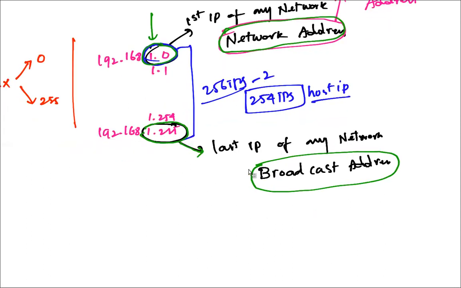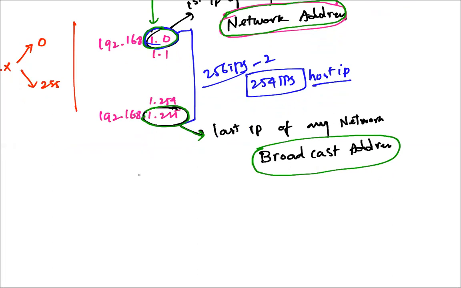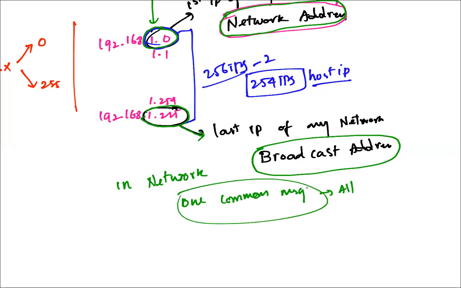In a network environment, we sometimes need to broadcast one common message to all the devices in that network. When you want to send one common message to all devices, you can use this broadcast IP address.